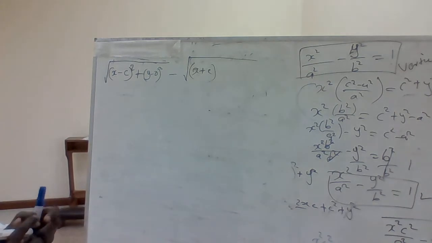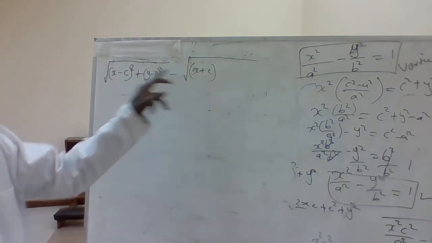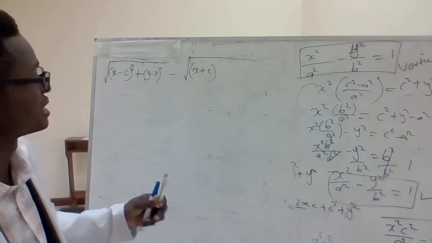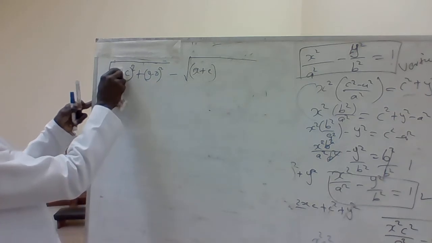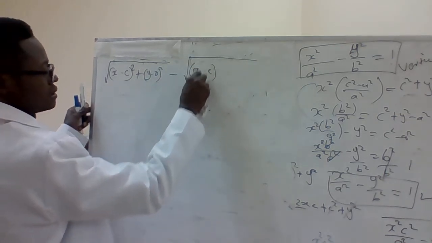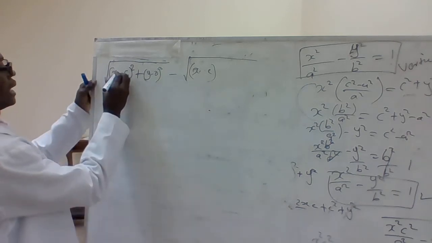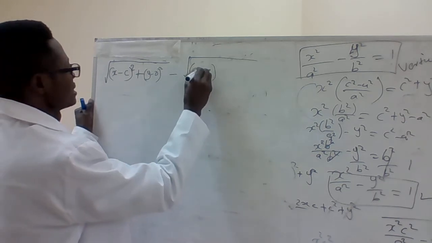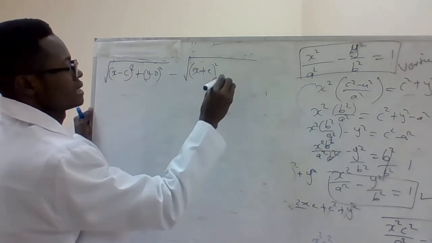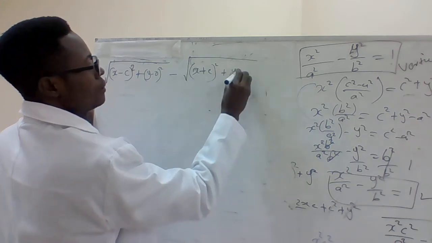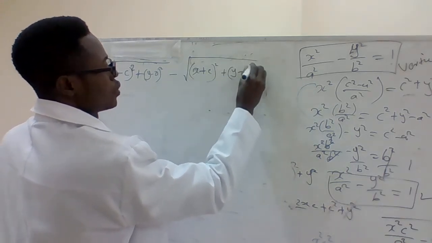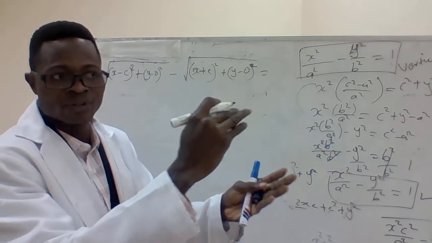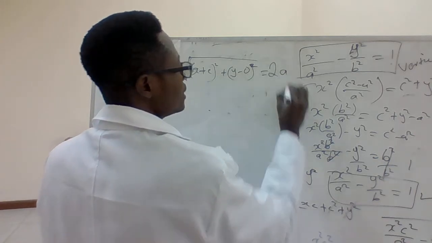But now you can decide, since here we're having positive and negative, remember you have the positive side and the negative side, so you can actually interchange. We can start with positive and negative, so that here you have x minus c and x plus c squared plus y minus 0 squared. All this is equal to the constant number that I have already mentioned, which is 2a.